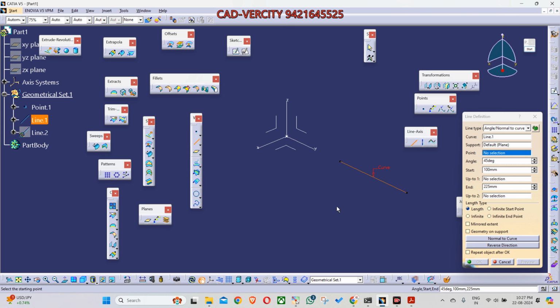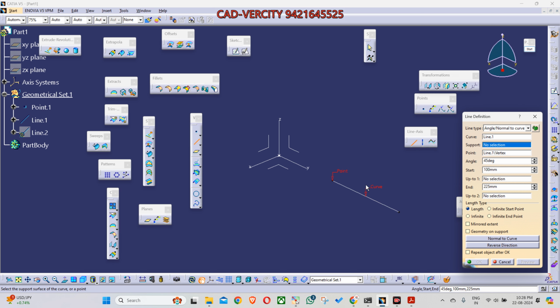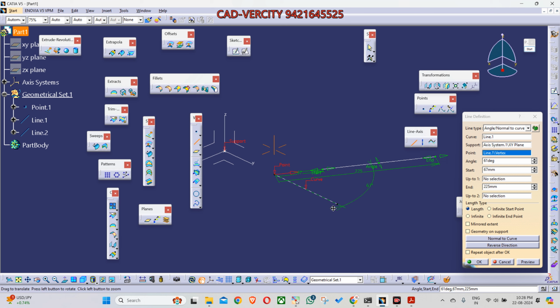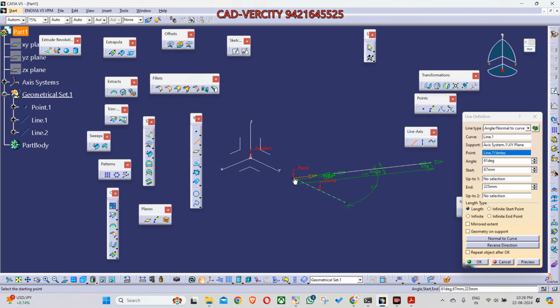For now, I'm taking this curve. Point: suppose I'm taking the starting point of the line as my point. Support means in which plane I want that line. I want the new line in this plane. Can you see this line? Start point is this one.